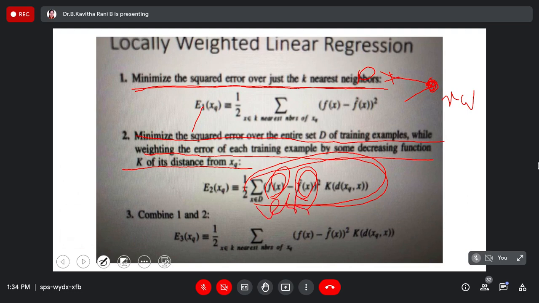If it is nearer, you have to add more weight. Then you will get the error when you are using all the training examples. So this is the formula which you will be using. Now what you have to do is combine one and two, combine these two.